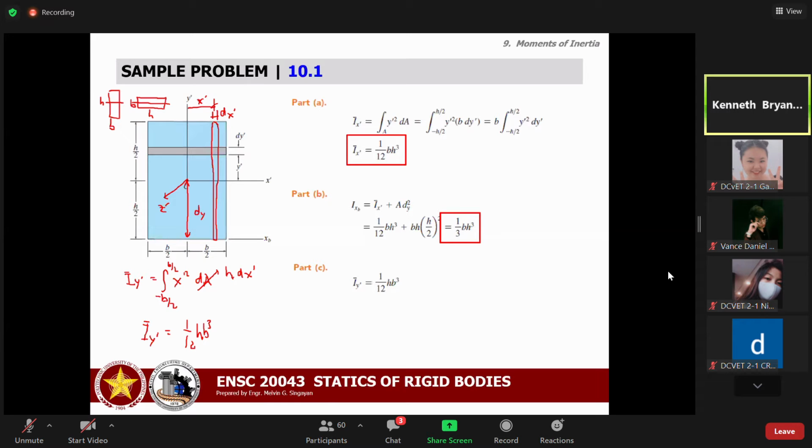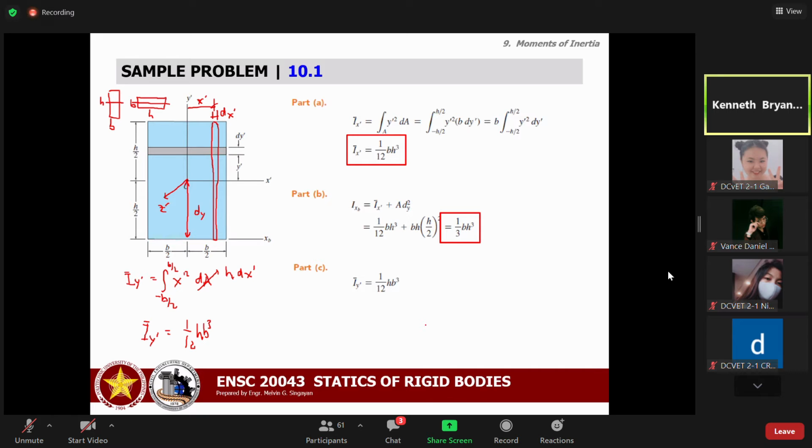If this is the x prime axis and this is the y prime axis, it is 1 over 12 times base times height cubed, so bh cubed over 12. And for I bar y prime, it is h times b cubed over 12.